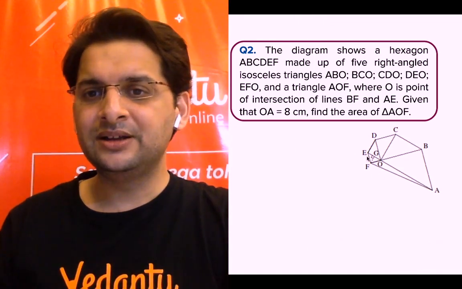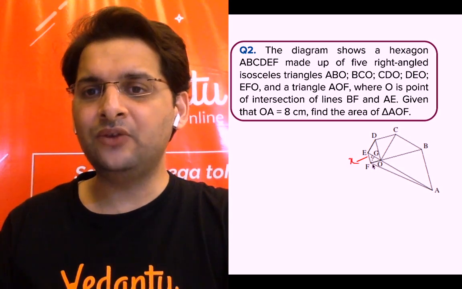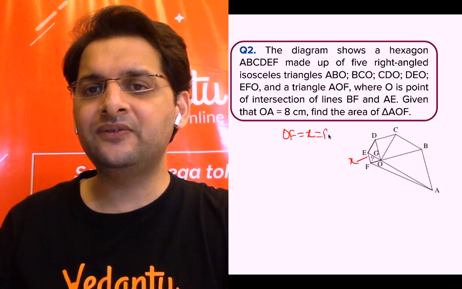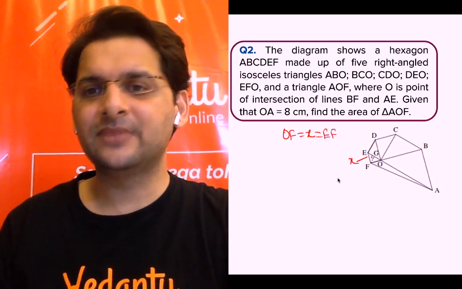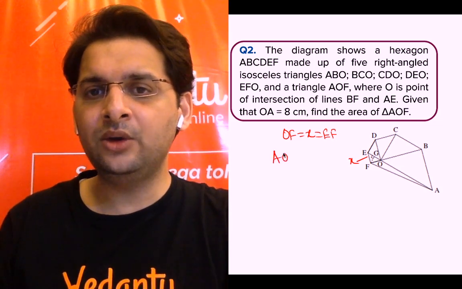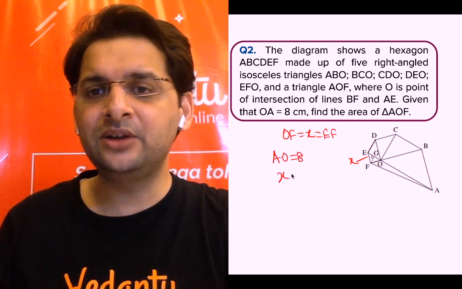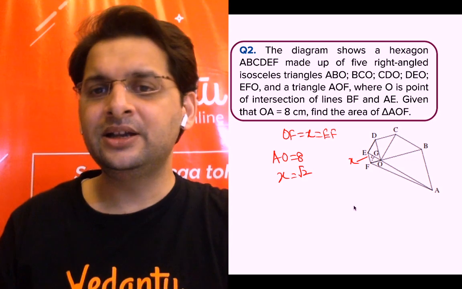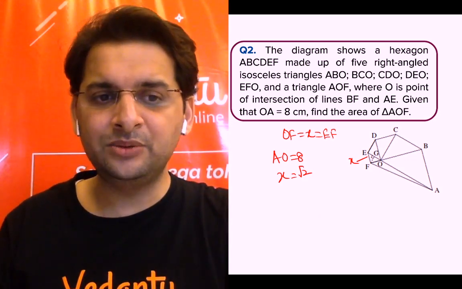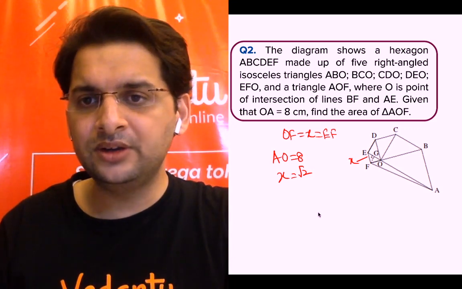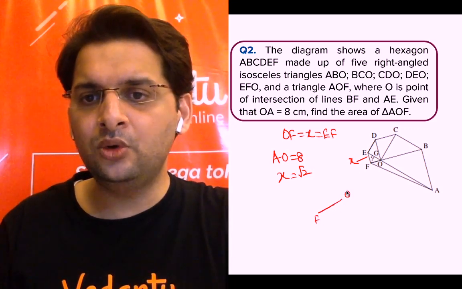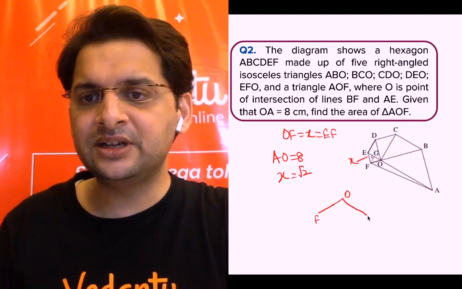So, bachon, this was x and OF was x. EF and OF, they were both x. So we found that AO is 8 and the value of x came out to be root 2. Now, let us try to magnify this. So, this is F, this is O. So, this way the triangle is going.